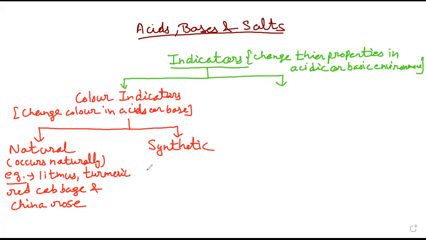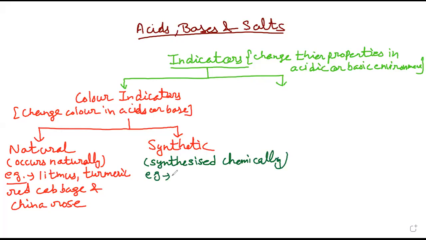Now come the synthetic indicators. From the name, it's very clear, they are synthesized chemically. That's why they are synthetic indicators. So what are the examples of synthetic indicators?